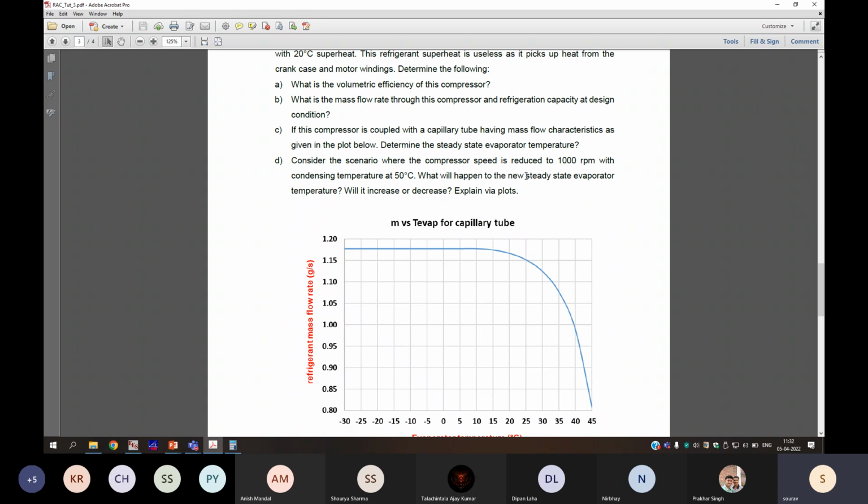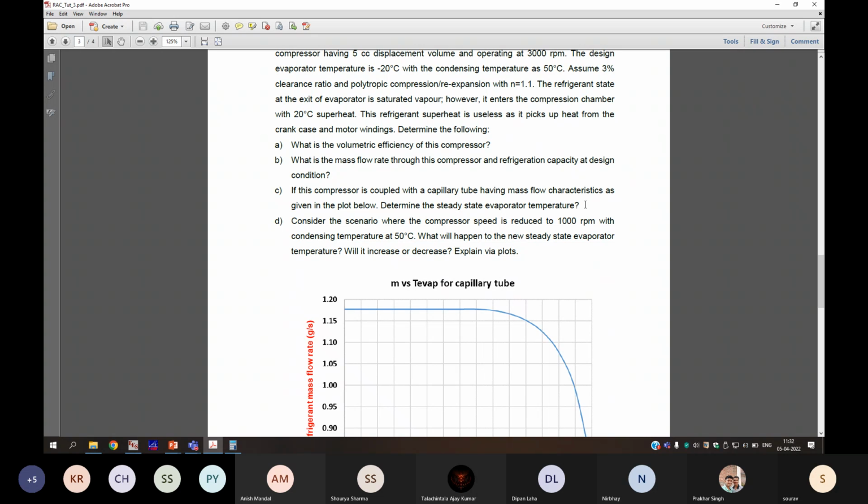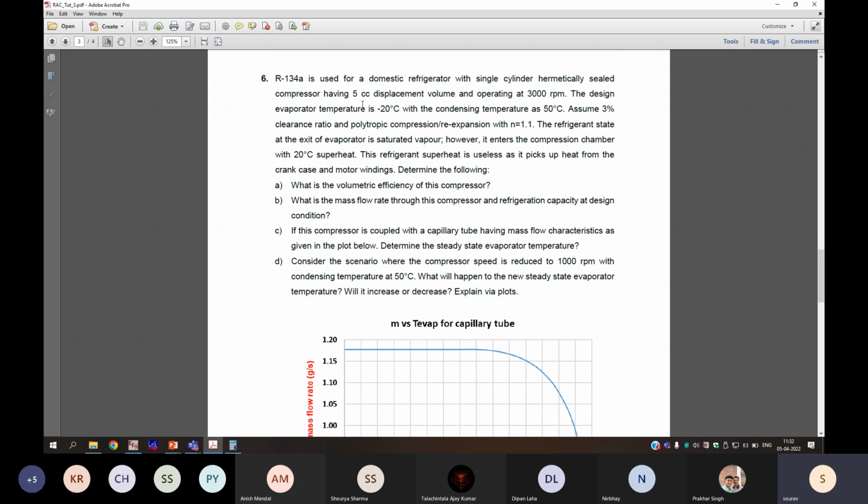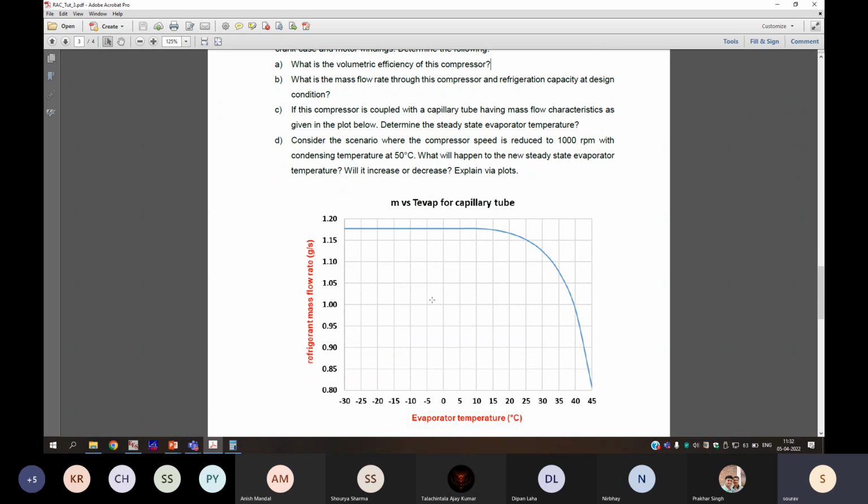It's a tedious problem in that sense. So first guess is whatever the evaporator temperature is given, you assume that -20, you know what is the mass flow rate drawn in by the compressor. Check if it can be delivered by this capillary tube at -20. If it is able to deliver, then this is your balanced condition.